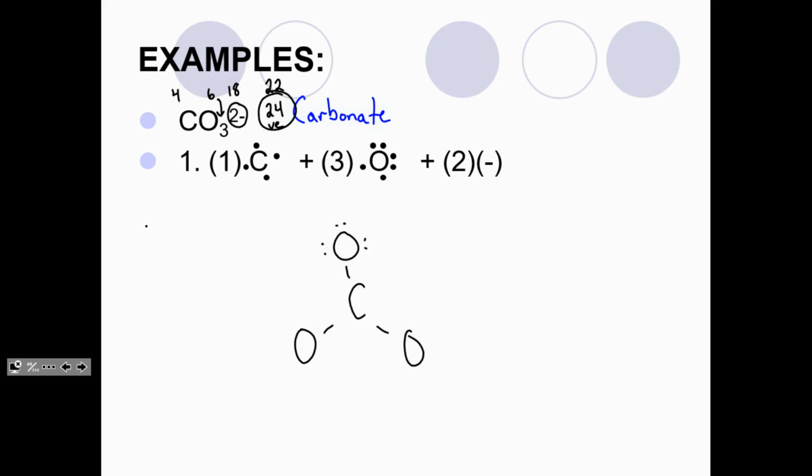Each oxygen is going to need 6 dots, and even the carbon on the center is going to need a lone pair. If I count up how many I've drawn, 2, 4, 6, 8, 10, 12, 14, 16, 18, 20, 22, 24, 26. I have 26 valence electrons, which is too many.